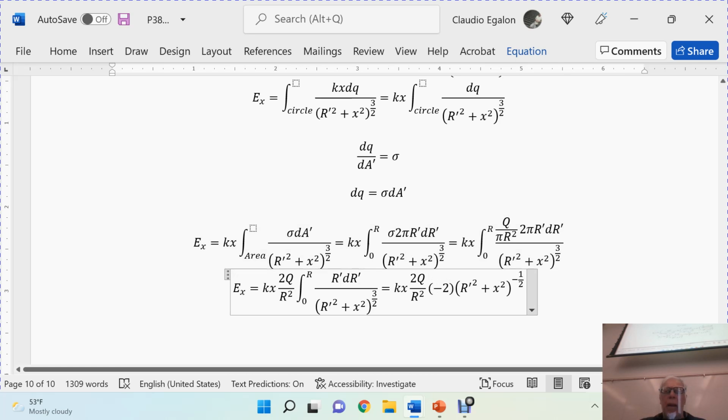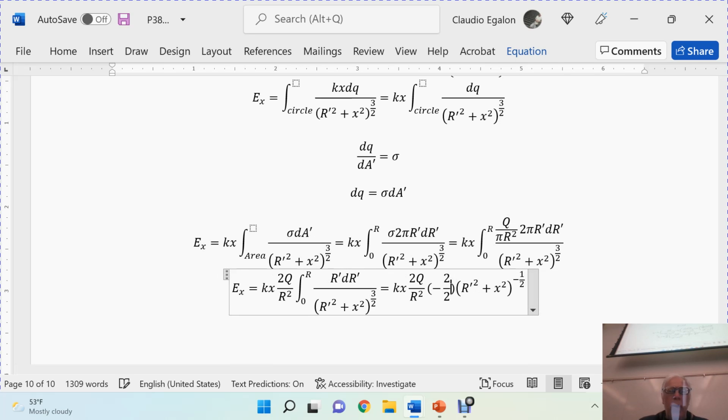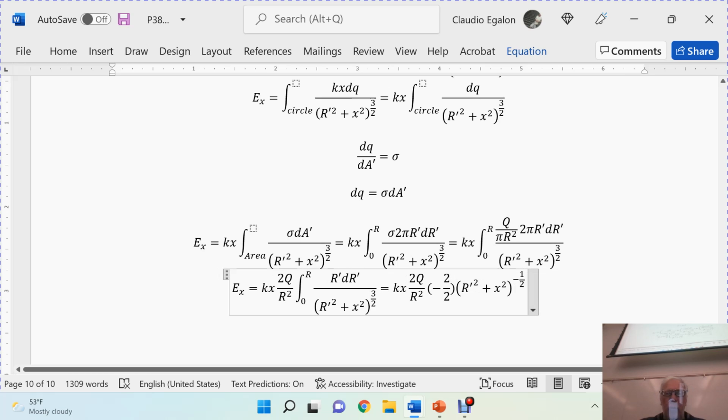This guy becomes minus 3/2, just like I have here. And then what else? We have to differentiate the inside of this term, which is going to become 2r prime dr prime, right? The 2 that comes from this differentiation, we divide by 2 to get the right integrand. And so that's how we get this term here when you differentiate with respect to r prime.